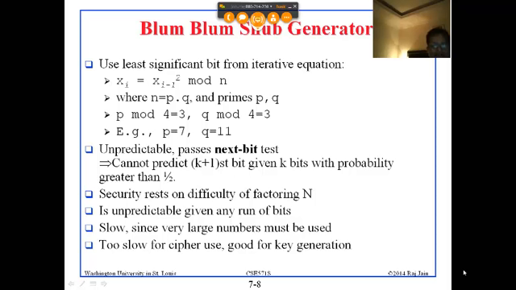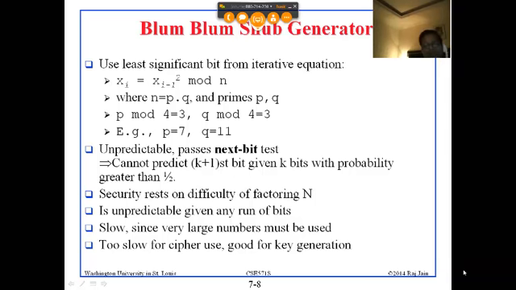You take the previous number, square it, do mod n, and then you write down the bits of x_i and take the least significant bit, which is the 0th bit, on the right side.